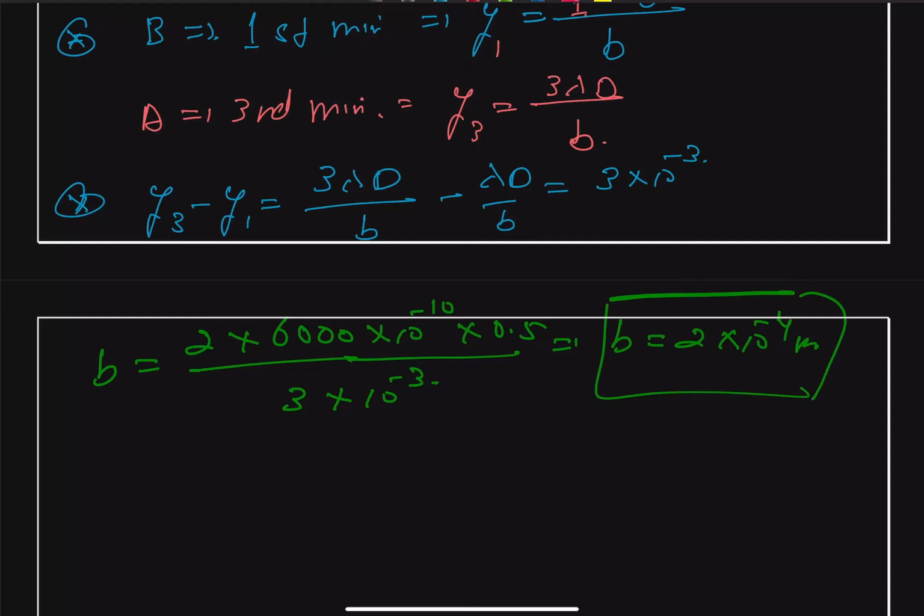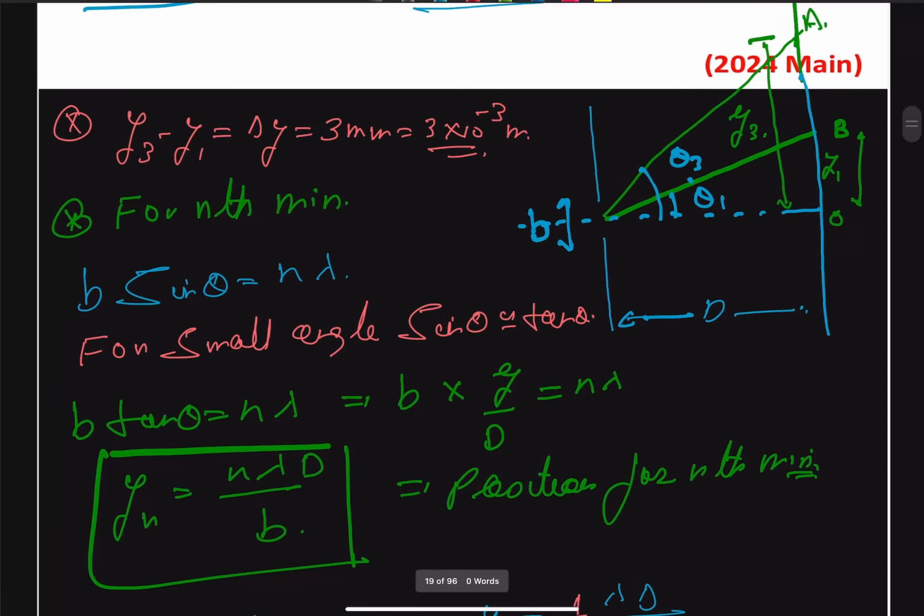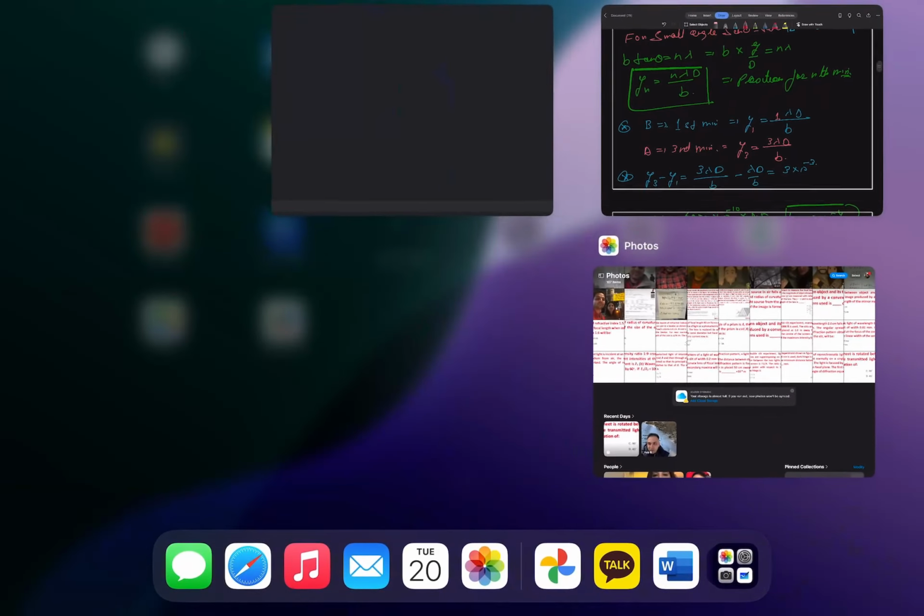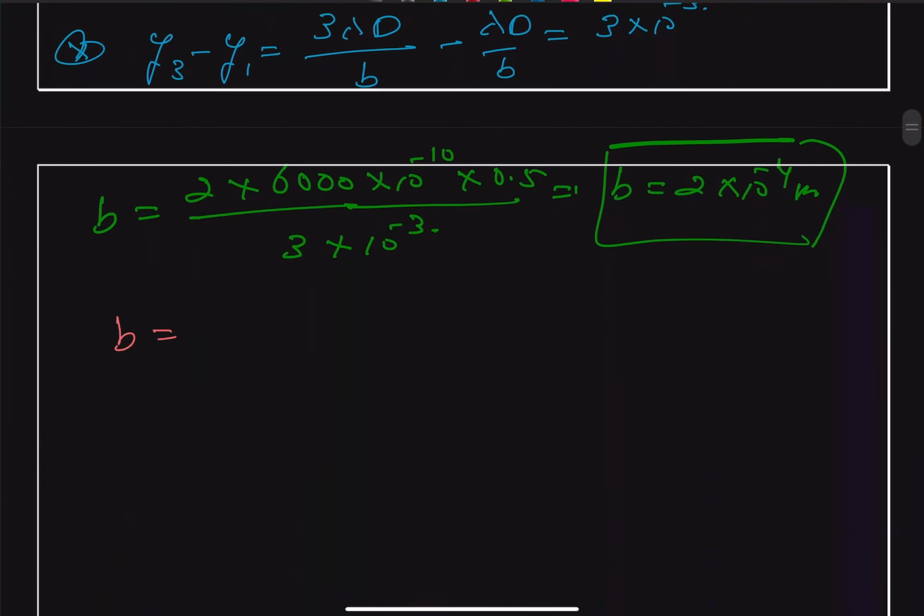And in the question we are given that B is equal to x into 10 to the power minus 4.